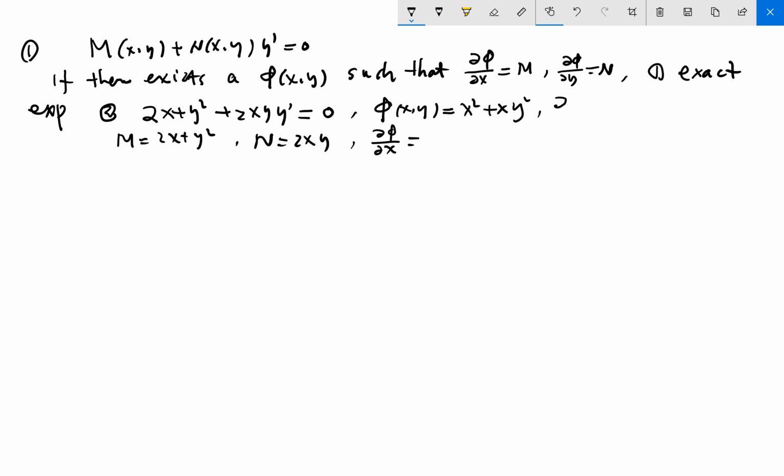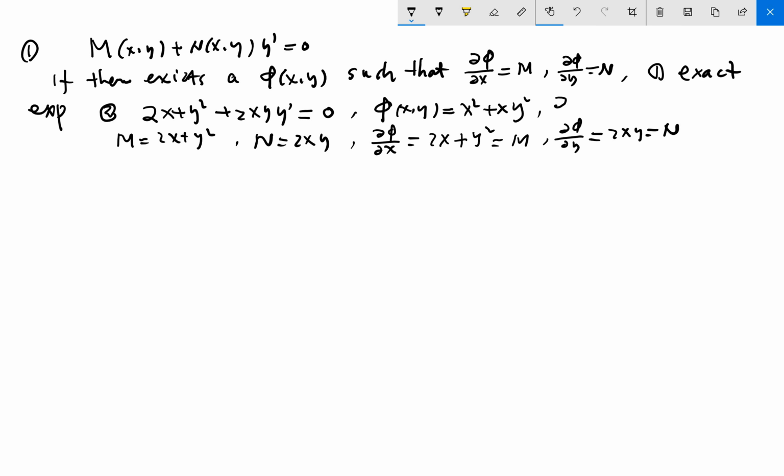Therefore, they give you 2x, and treating y as a constant, you get y squared. So that's exactly M. And the partial phi with respect to y, then you treat x as a constant, so you get 2xy, which is exactly N. So we can say, by the definition, equation 2 is exact.